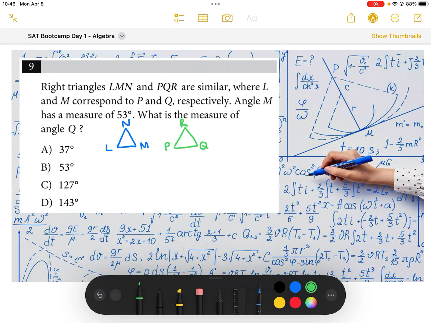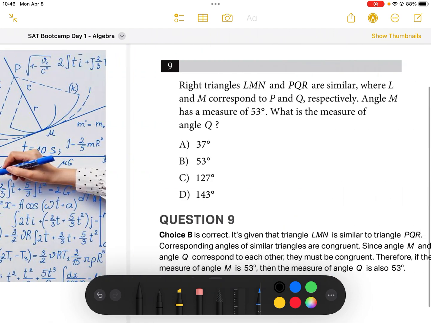So here, angle M has 53 degrees, so that means angle Q is also going to be 53 degrees. So our answer is B, and that's due to corresponding angles in similar triangles.